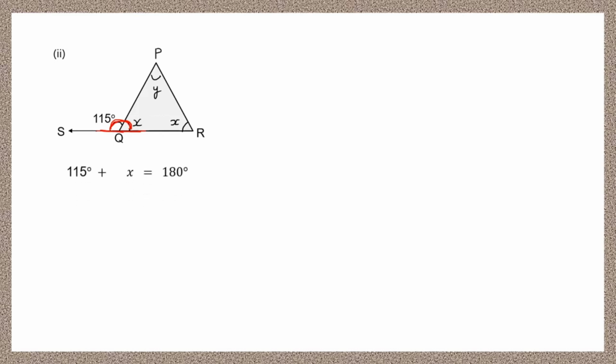So 115 plus x is equal to 180 degrees. What's the reason? The sum of angles on a straight line is always 180. So 115 and x together will form 180 because they are lying on the same straight line.